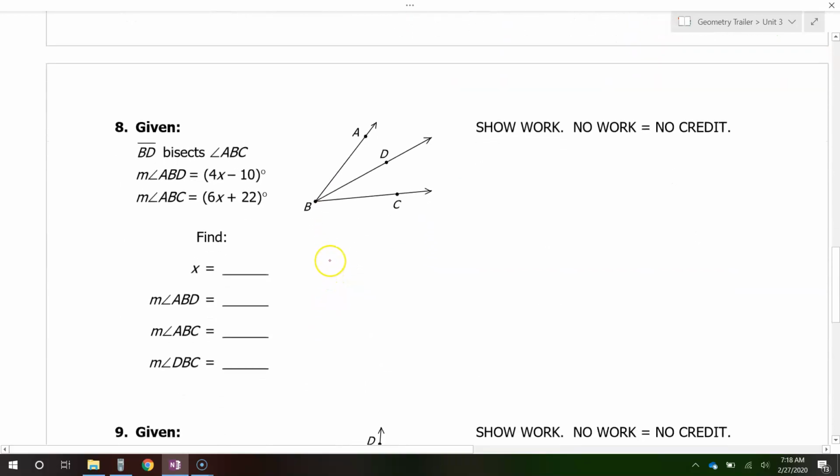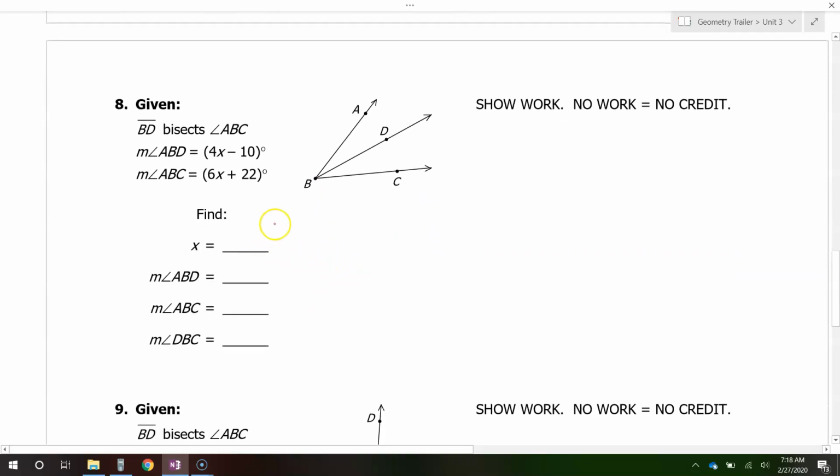Okay, so let's use those skills to write some actual equations that we will solve. We are given that segment BD is a bisector, the angle bisector. So just keep that in mind. That means that these two smaller angles are equal. Watch out for the following two situations.